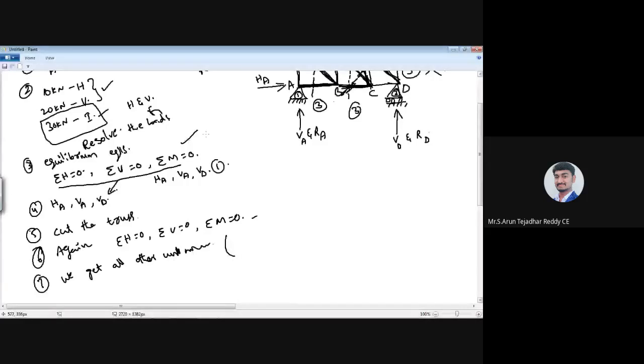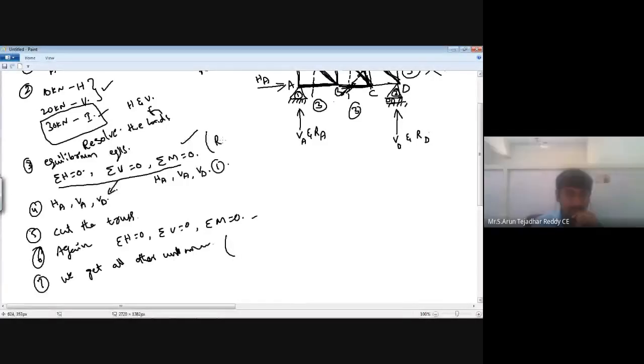Here we should calculate the reaction forces. Here we should calculate the member forces. See here reactions, here member forces. But that member forces only 3 members. Why?